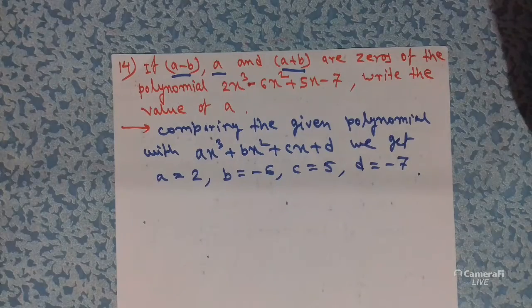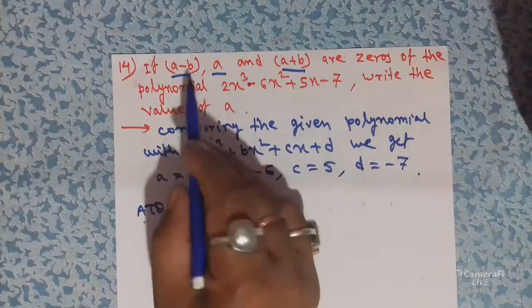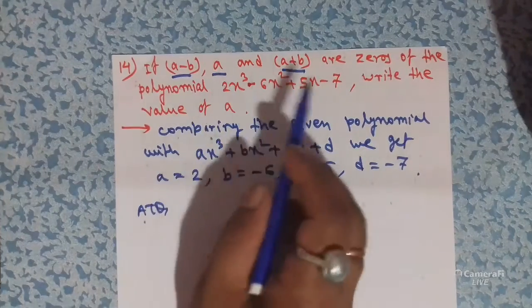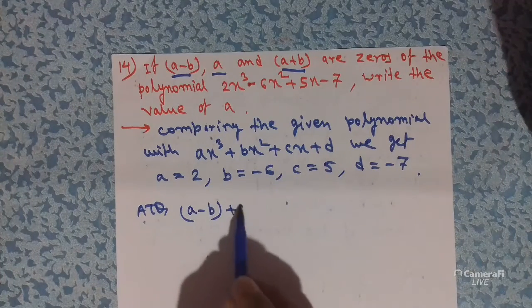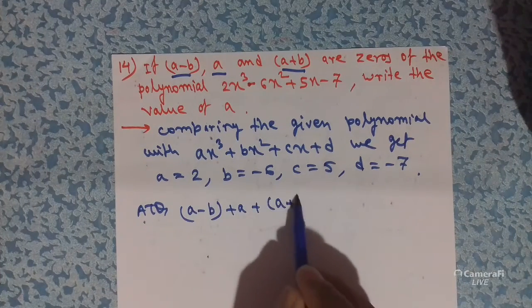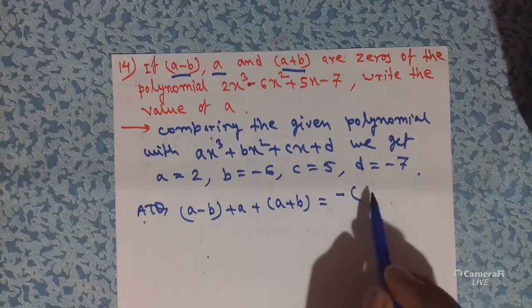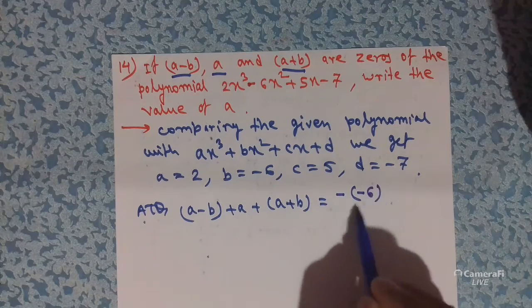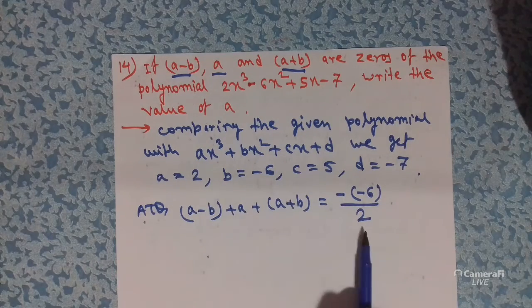So as we know that sum of the zeros is minus b by a, according to question, the zeros are a minus b, a and a plus b, so a minus b plus a plus a plus b is equals to minus b by a, so minus of minus 6 by 2, because b means minus 6 and a means 2.